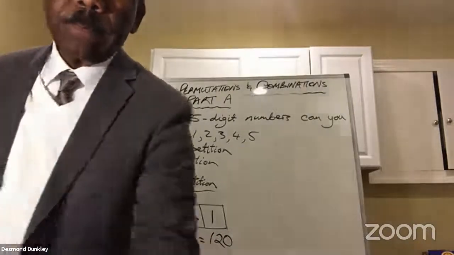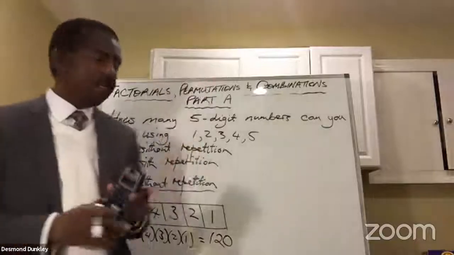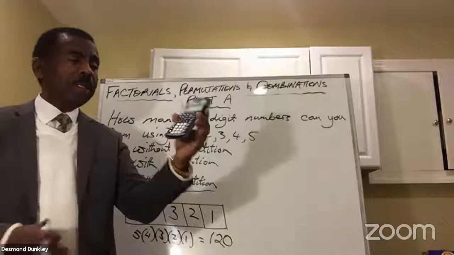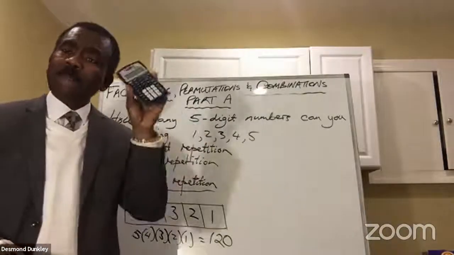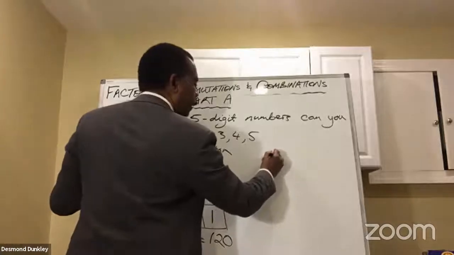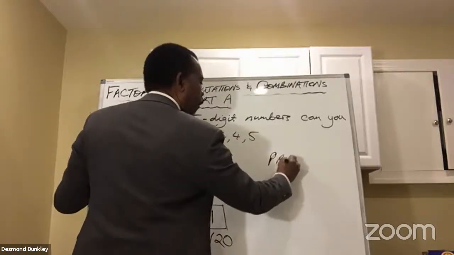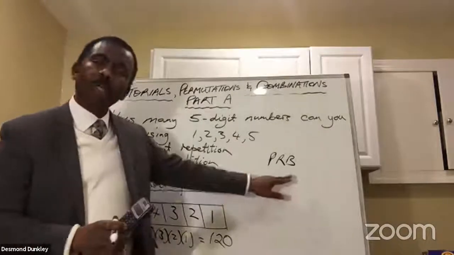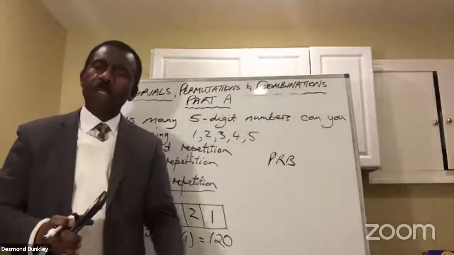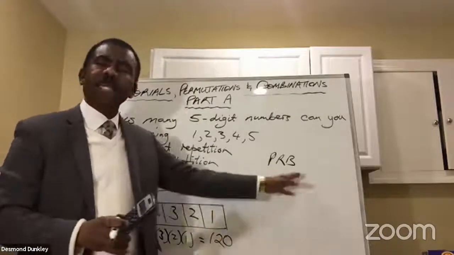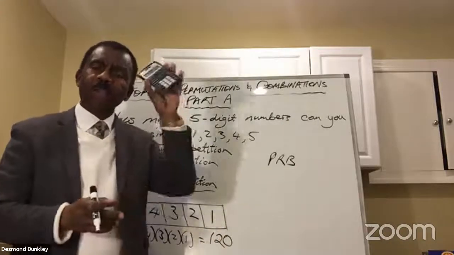And your calculator, this is 5 factorial. Your calculator has a button that is factorial. It's usually in the key where you see PRB for probability. That's where you will find factorials, permutations, combinations under the section of probability on your calculator.